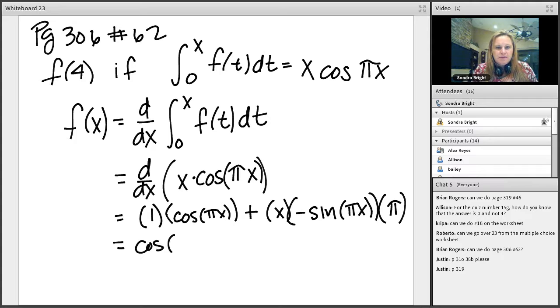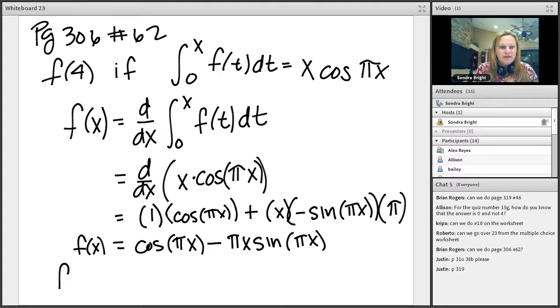All right, so that means I get cosine of pi x minus pi x times sine of pi x. All right, so that's your f of x.